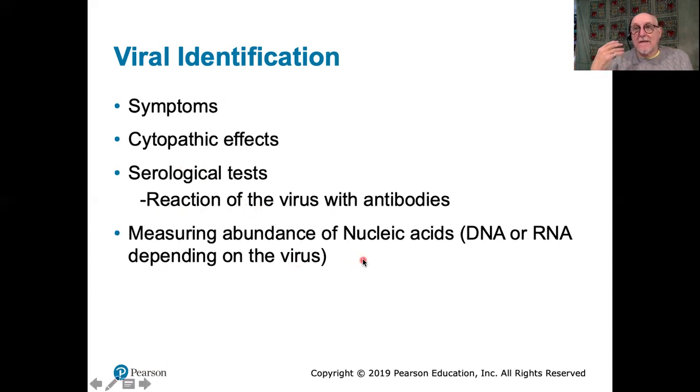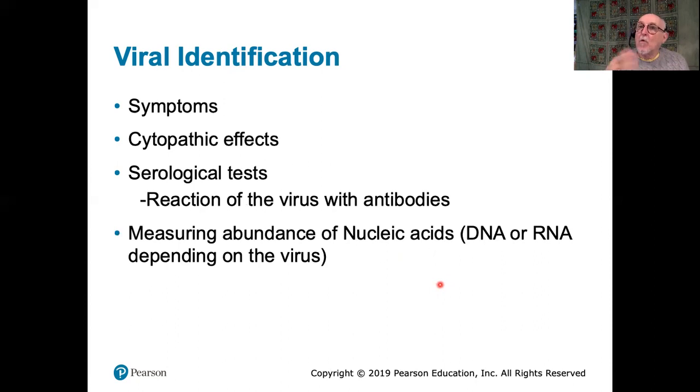The last way is one which is relatively new, and it's absolutely now of critical importance. And that is being able to measure the abundance of specific nucleic acid, of specific genomes present in a host.